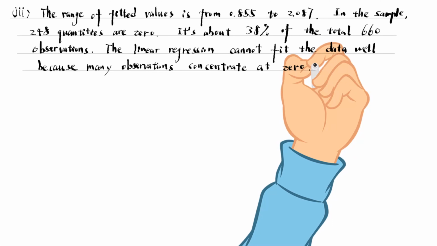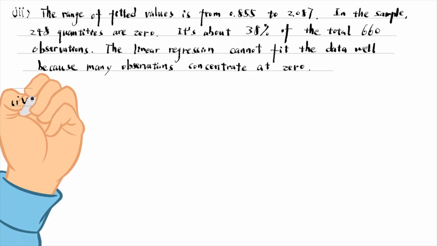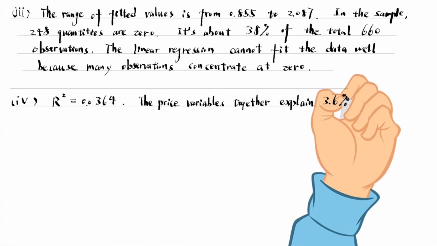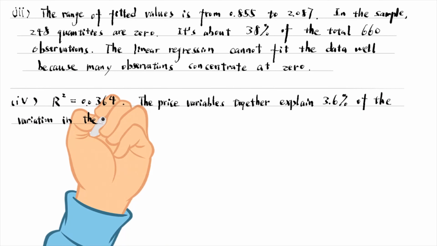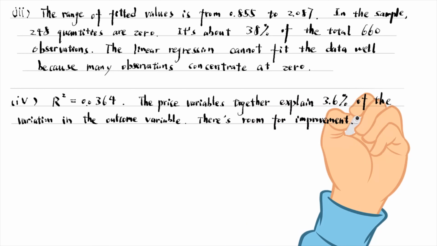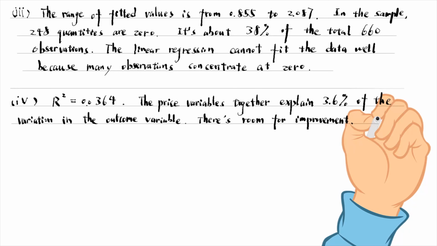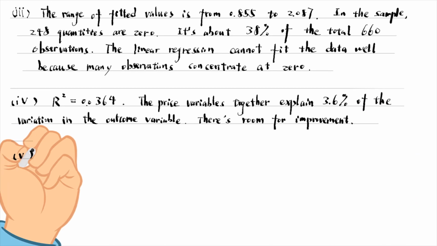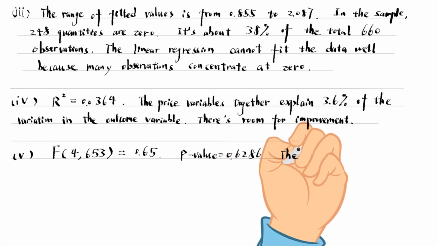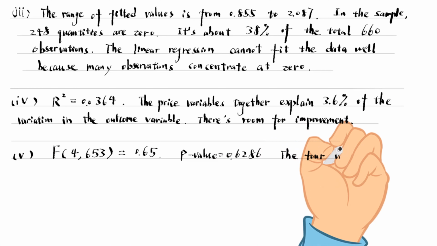For the fourth part, the R-squared is 0.0364. The price variables together explain 3.6% of the variations in the outcome variable. There is room for improvement. In part 5, we add 4 variables to the model. The F-statistic for the joint significance is small, 0.65.